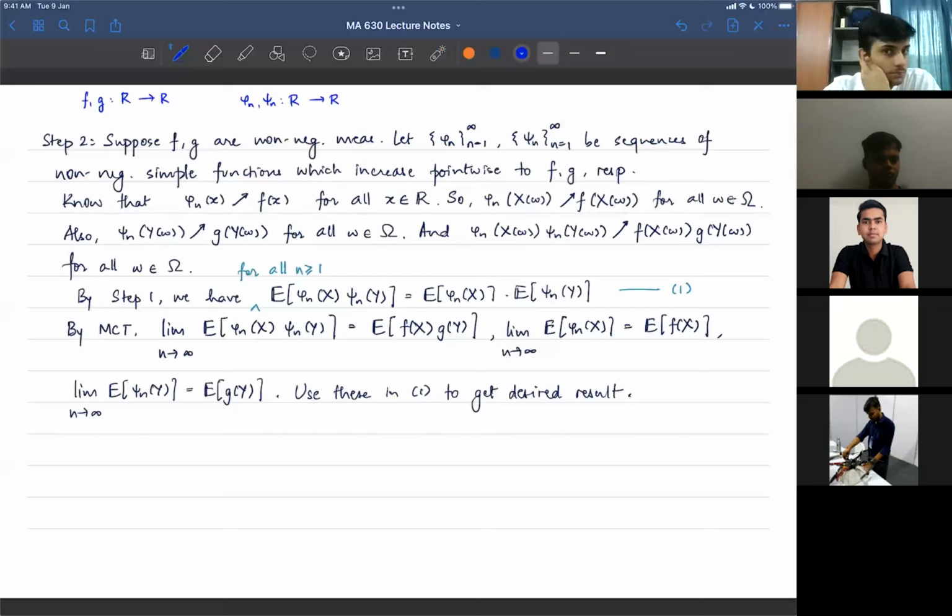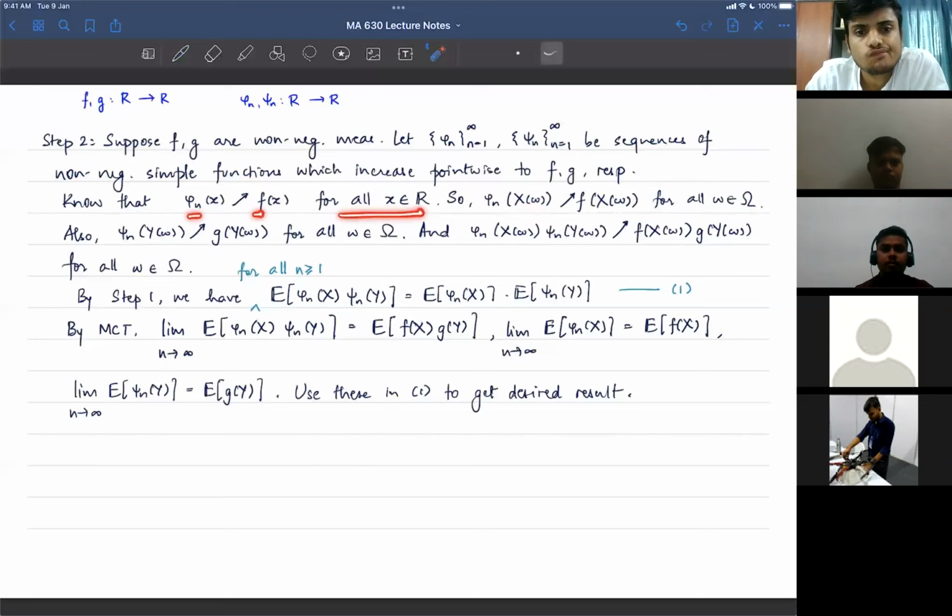Now, since phi_n increases to f, what does that mean? That means that for any real number x, the sequence of real numbers phi_n(x) increases to the real number f(x). In particular, for every omega, remember X(omega) is going to be a real number. If the real number I take to be X(omega), then phi_n(X(omega)) is going to increase to f(X(omega)).